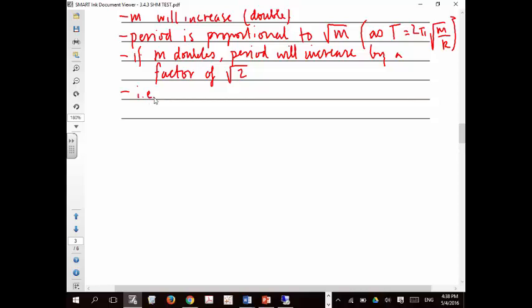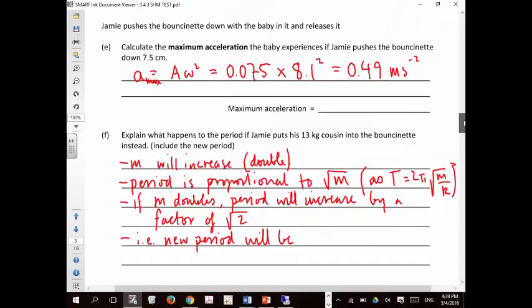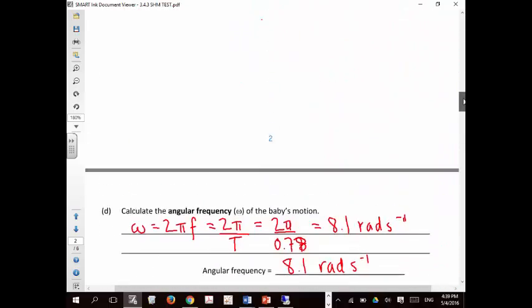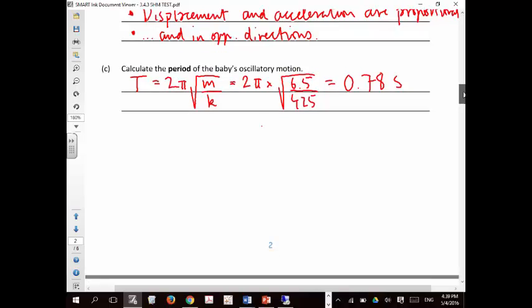i.e. new period will be, what was the old period? It was 0.78.